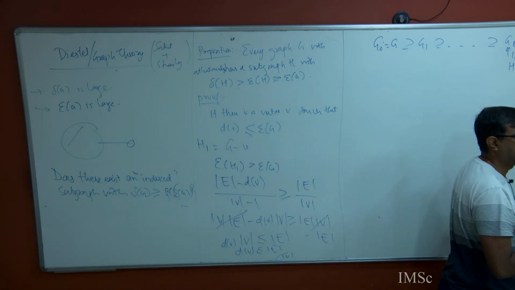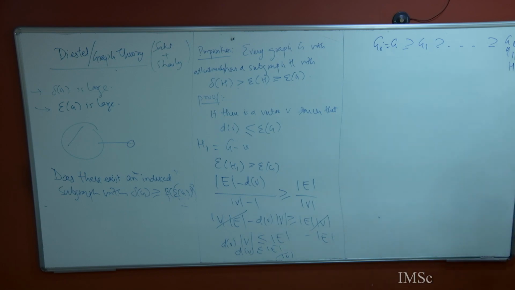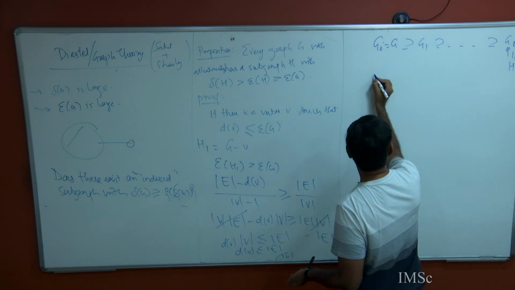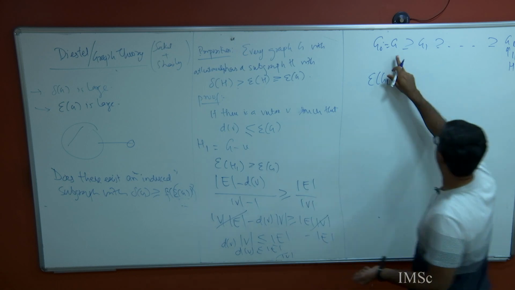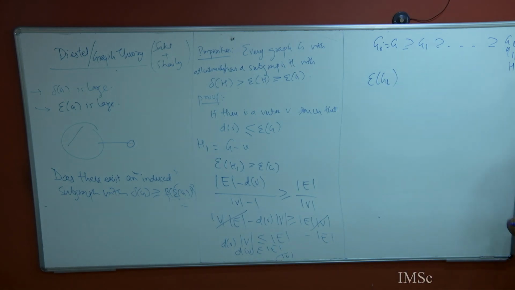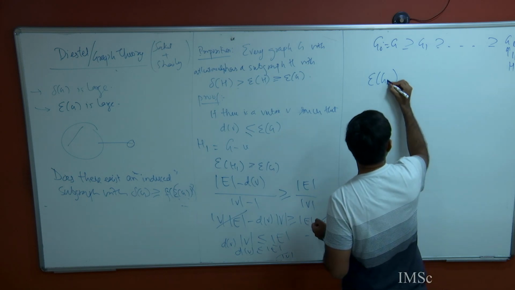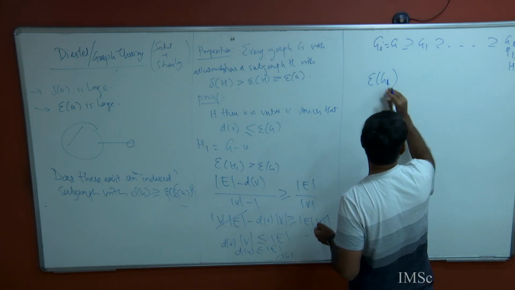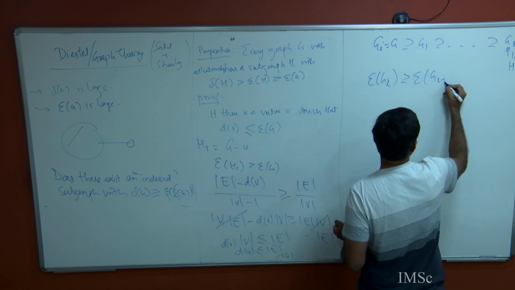Because I cannot delete a vertex of this kind. Now, what is the property of GL? We have always maintained that epsilon property. So epsilon of GL is greater than or equal to epsilon of GL minus 1.